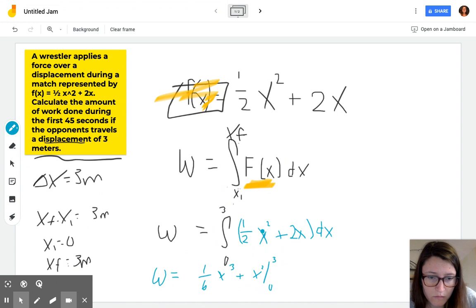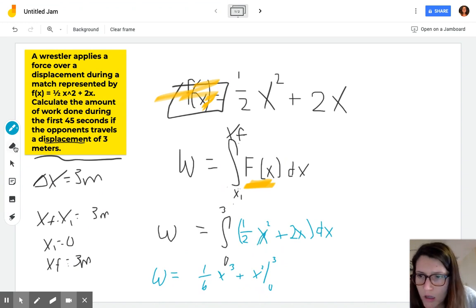So we're going to take the antiderivative. For x squared, we get 1/3 x cubed, a third times a half, we get a 6th x cubed, plus x squared. 1/2 x squared times 2, the 2's will cancel, and we get x squared.